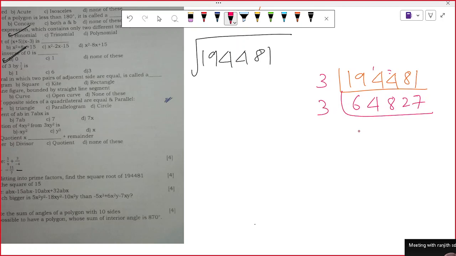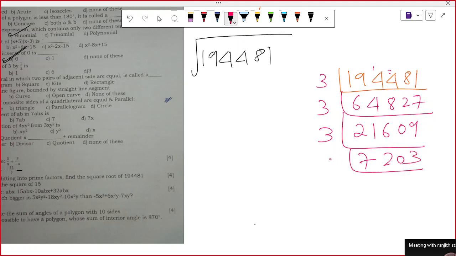Next, 3 into 2, 1, 6, 0, 9, sir. Good. Did you all understand how we got 27, 0, 9? Yes, sir. After that, we get it as 3 into 7203, sir. Good. Next, then 3 into 2401, sir.